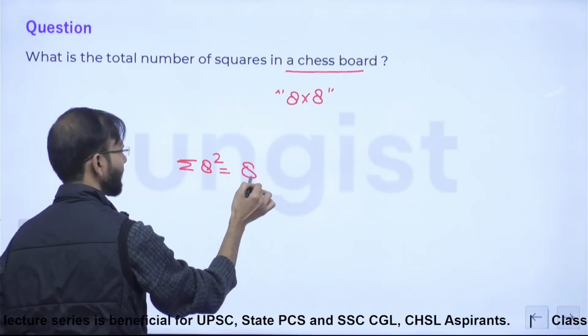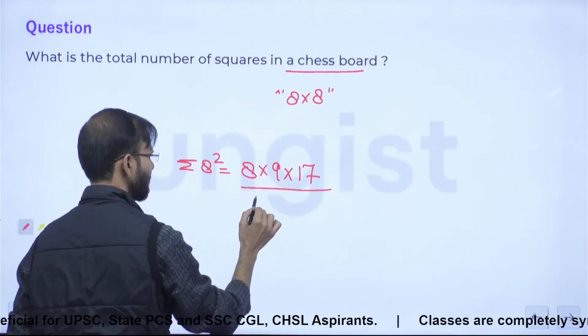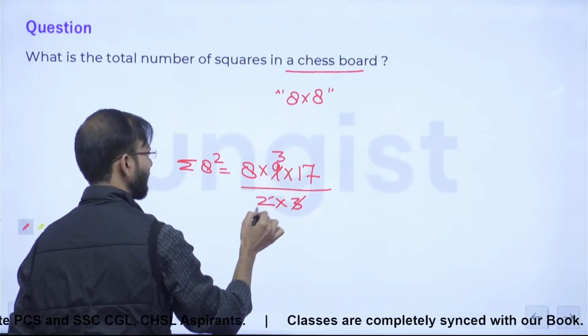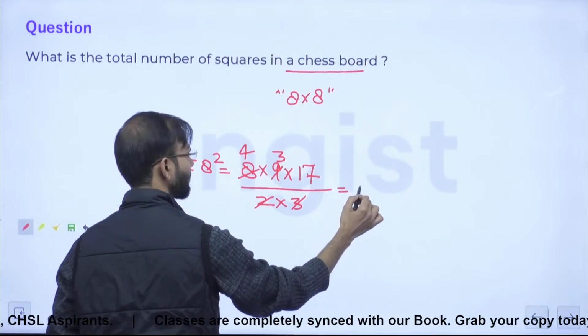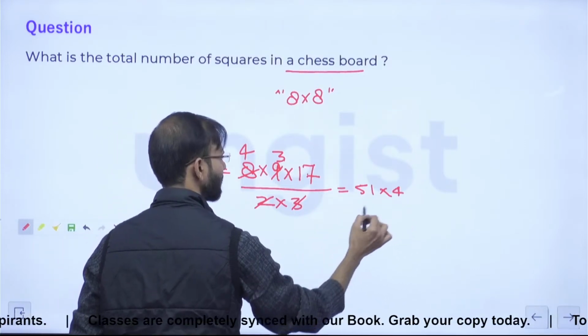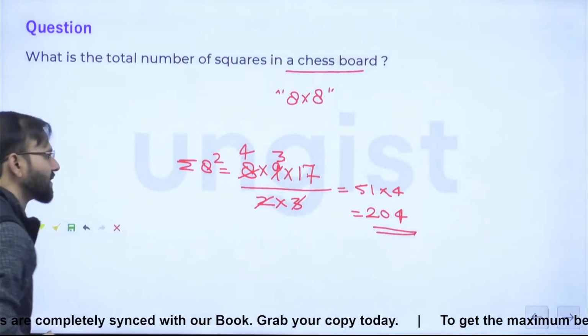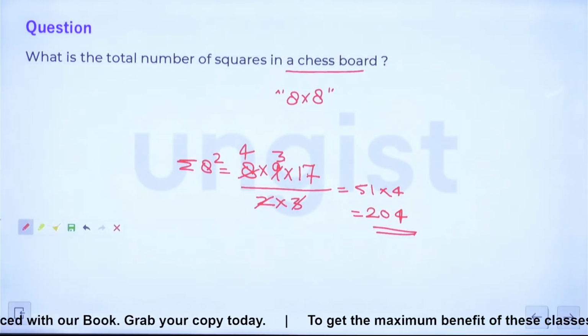Sigma 8 square is 8 into 9 into 17 divided by 6. 6 को I can write 2 into 3. So this is 3 and this is 4. 17 into 3 is 51. 51 into 4 is 204. Correct, guys? The answer is 204. Everybody okay?